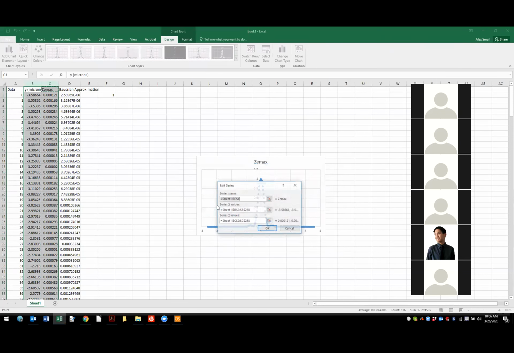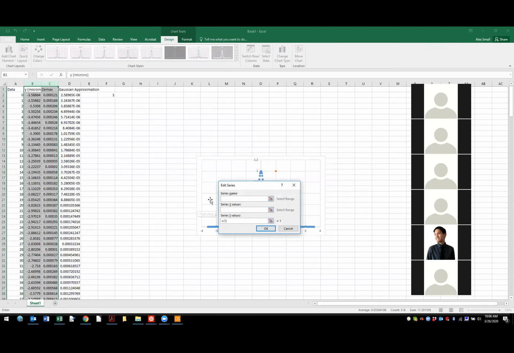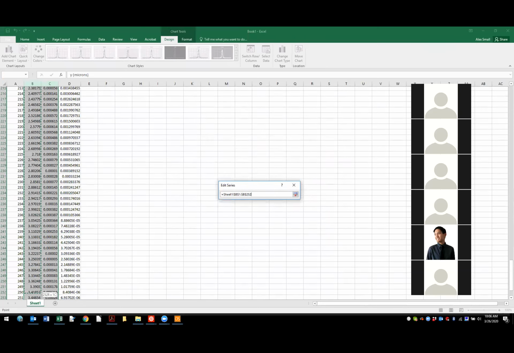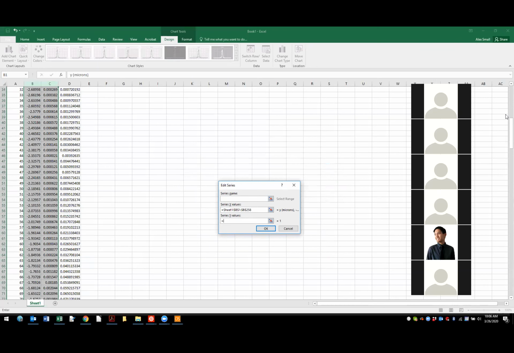We're going to add another data series. The X values will be... Just hit edit rather than add. Oh, my bad. Add. Okay, so we're going to get the X values from here. Thank you. We're going to get the Y values from the other column.